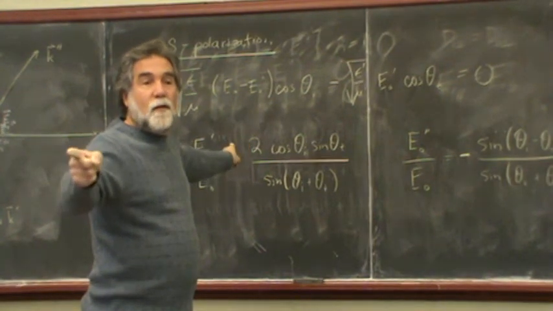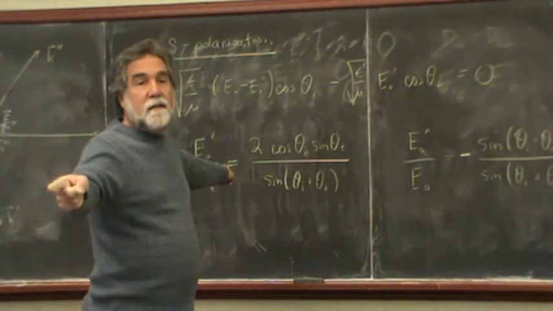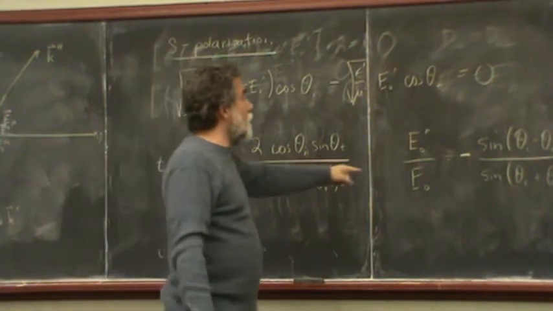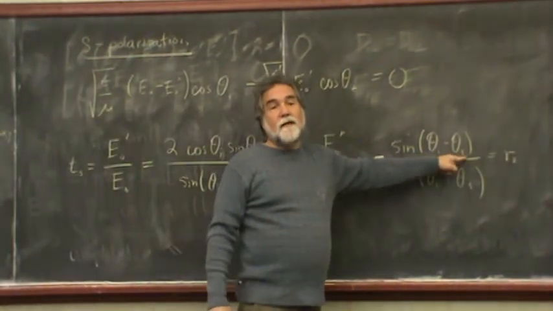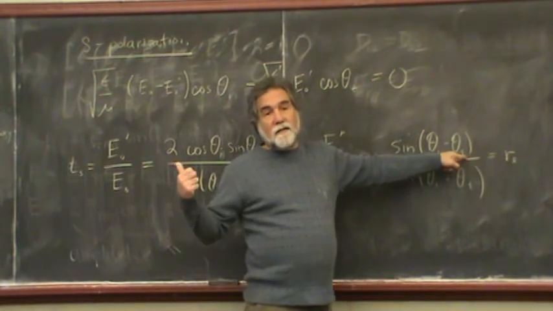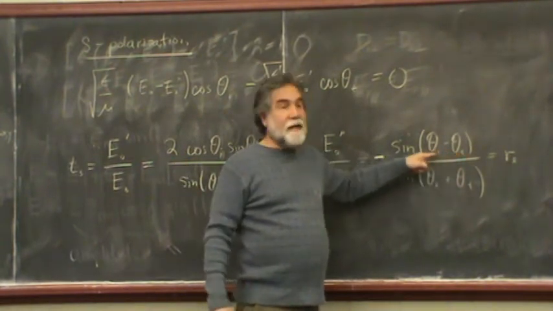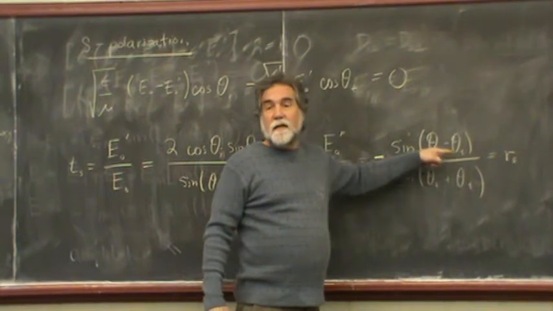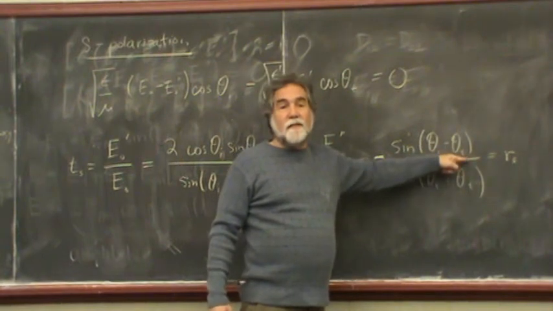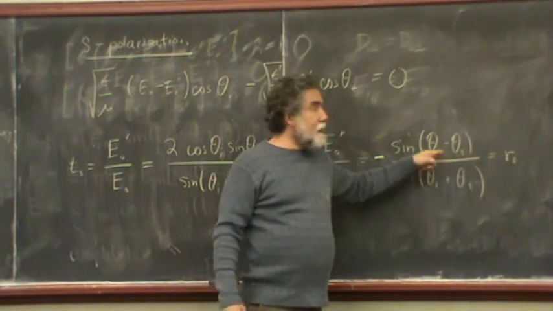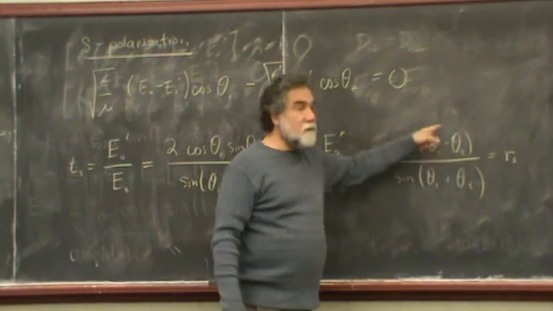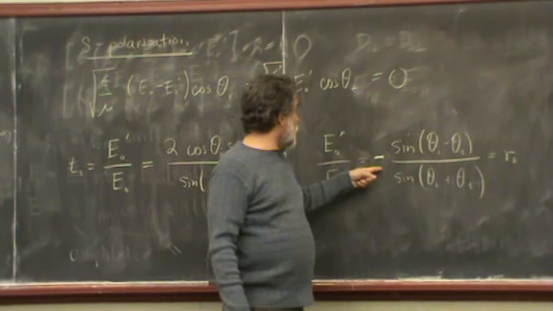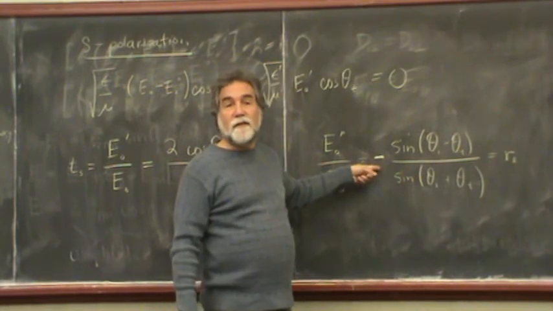The wave switches sign when it reflects off of a material for which theta incident is greater than theta transmitted. Using Snell's law, when the index of refraction in the incident material is greater than the index of refraction in the transmitting material, then theta I is going to be greater than theta T, and this term is going to be positive. And if this is positive, then the electric field switches sign.